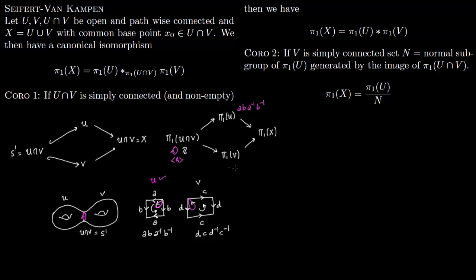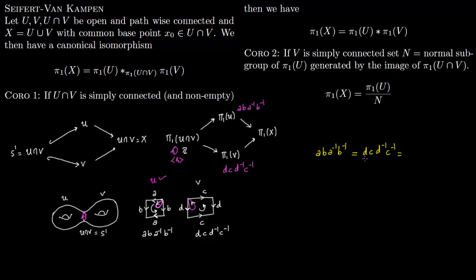And this R gets in here as DC, D inverse, C inverse. Now by this amalgamation we mean that these two have to be equal to each other. So we need to have AB, A inverse, B inverse equal to DC, D inverse, C inverse.